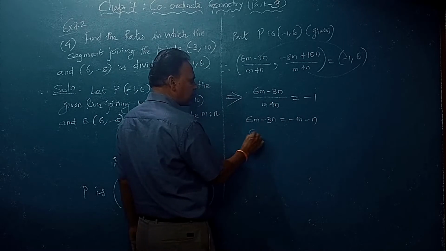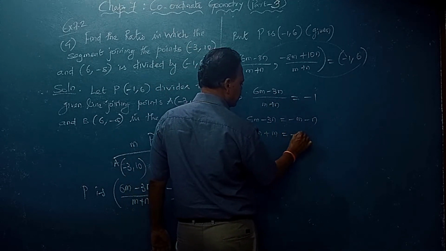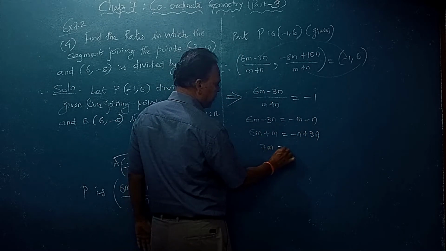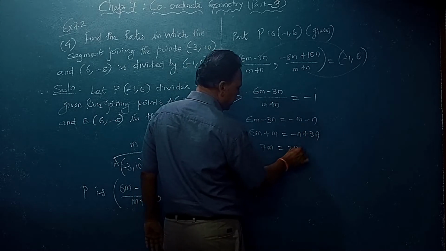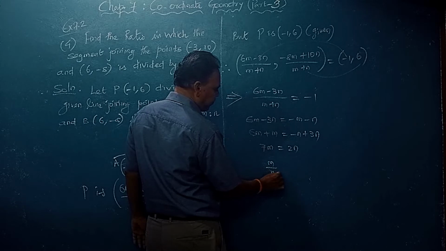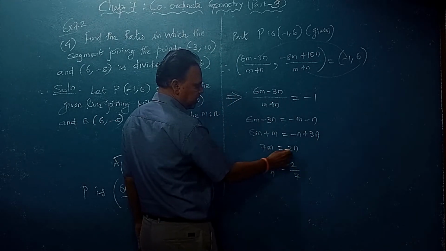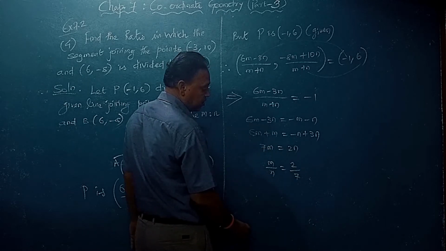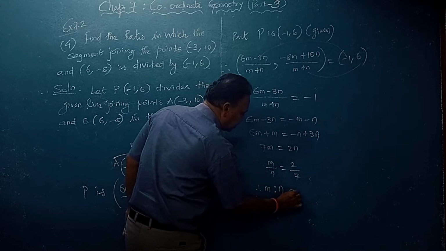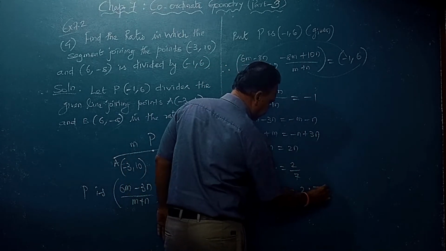So m terms and n terms bring to one side. This is very easy. 7m is equal to 2n. Now divide this side by 7, just cross multiply, so m is to n equals 2 is to 7.